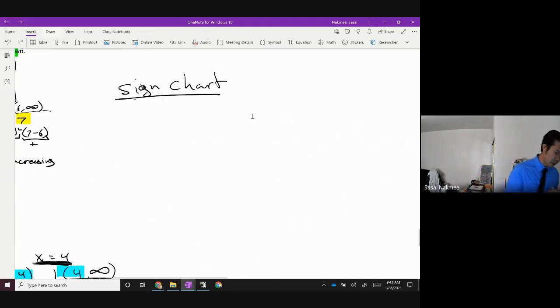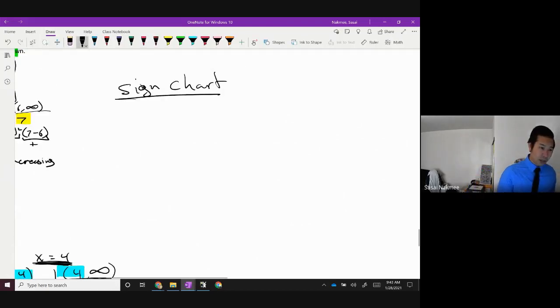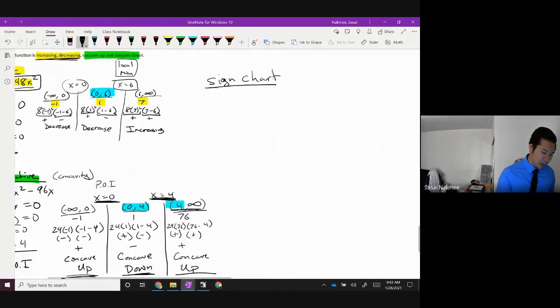All right, let's go. So let's say I have here the intervals that I'm going to be dealing with, right? Check this out. The intervals that I'm dealing with is going to be from negative infinity to 0. But here's the thing. I normally would go from 0 to 6, but I'm going to go instead from 0 to 4.